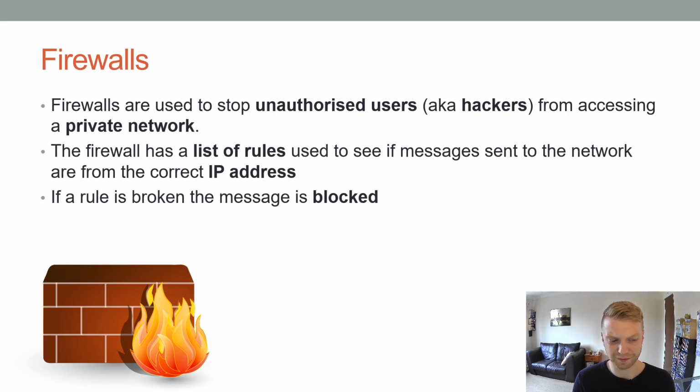But if for some reason you're also getting messages from another IP address or multiple IP addresses, your firewall will block it out. It's not trusted. Why have you suddenly got all these messages sent? They could actually be malware of some sort. So there's a list of rules for them to check that it is the correct IP address, and if it isn't, they'll block it. Better to be safe than sorry.